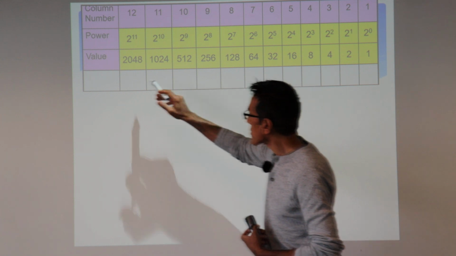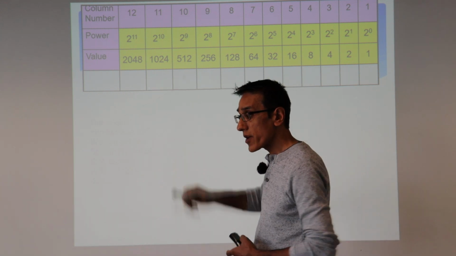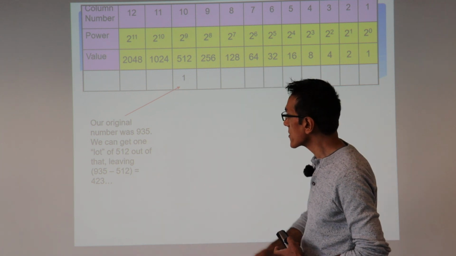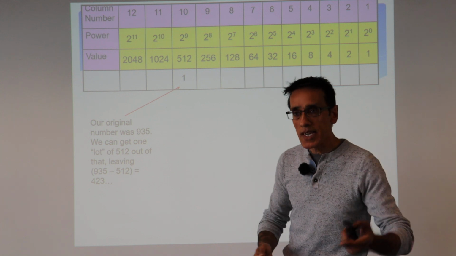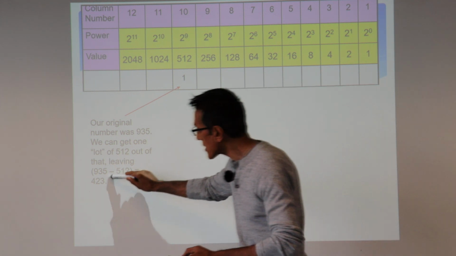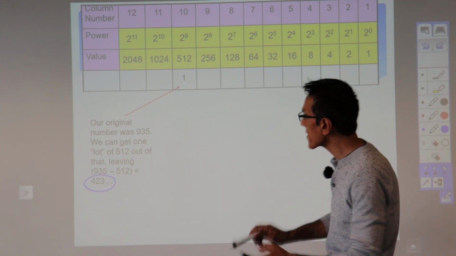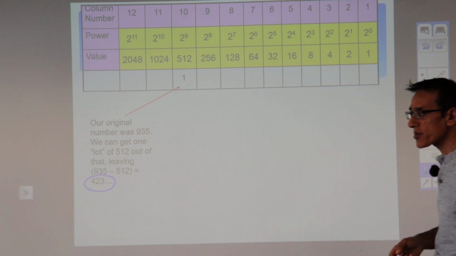Well, I can't use a 2048, it's too large. 1024, too large. 512, yes, I can use a 512. So I take my 935, subtract 512, that leaves me with 423, which means I've got to use the remaining bits to represent 423.